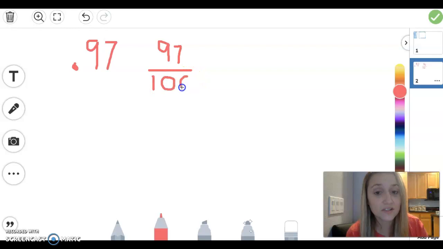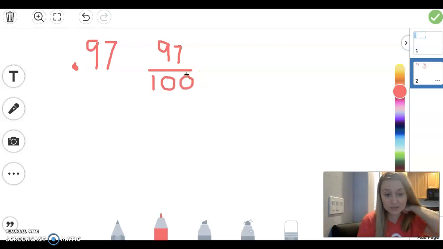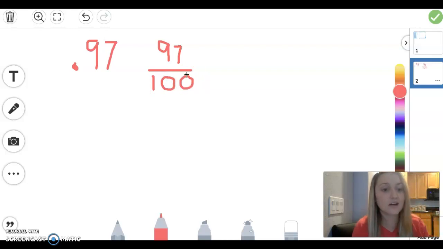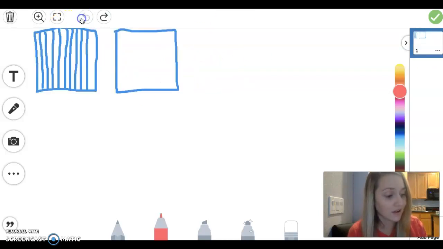And this is really important too, because I saw a lot of people miss this on our little quick check with equivalent fractions: make sure you read the directions, because here they wanted you to do both. They said, please write it as a decimal and a fraction.